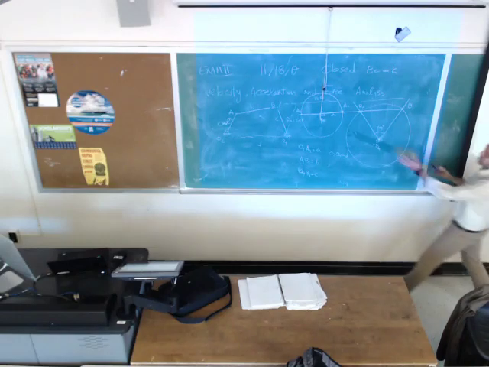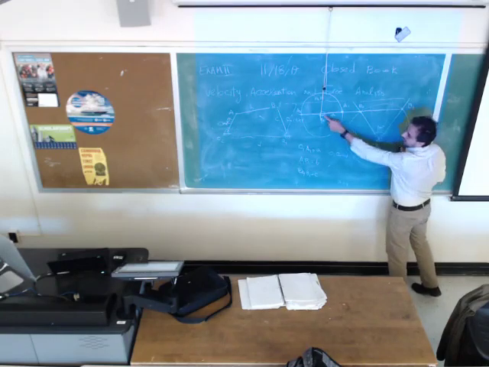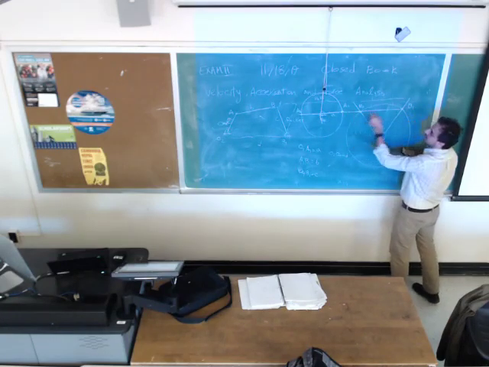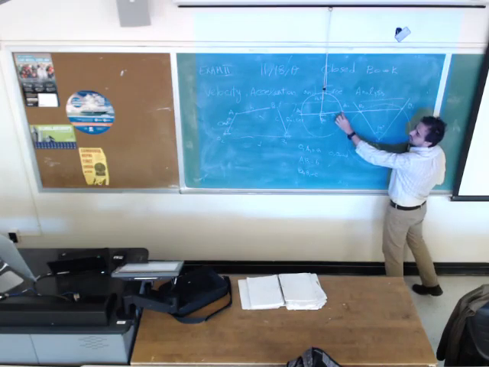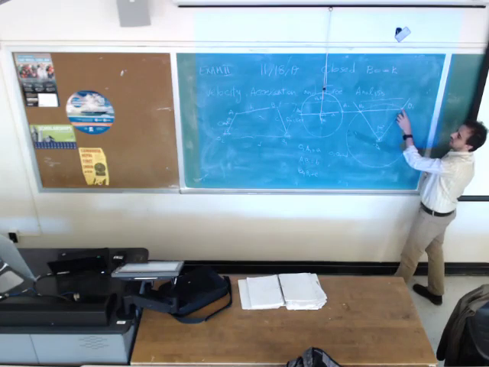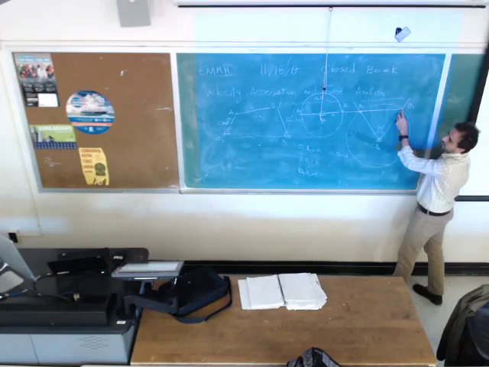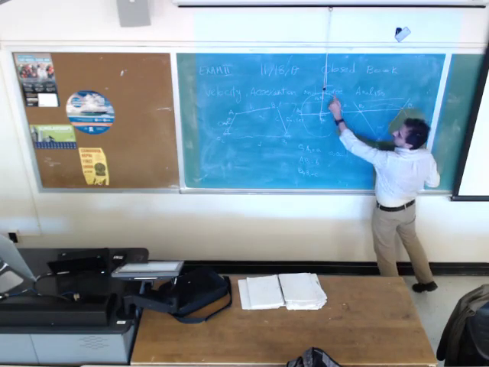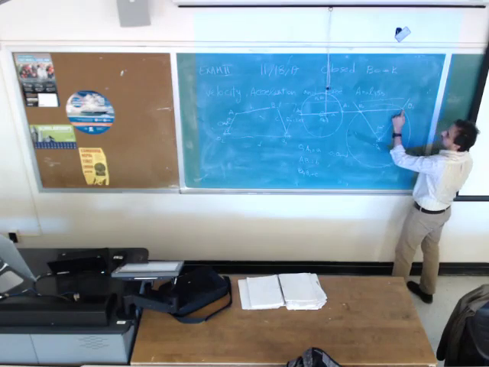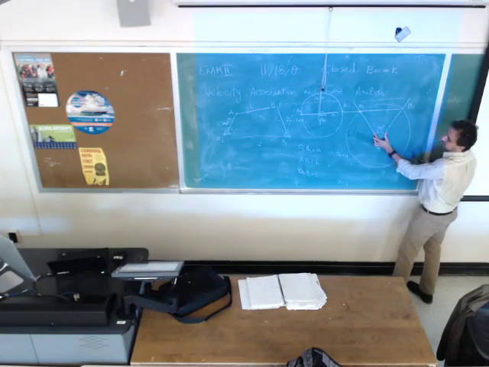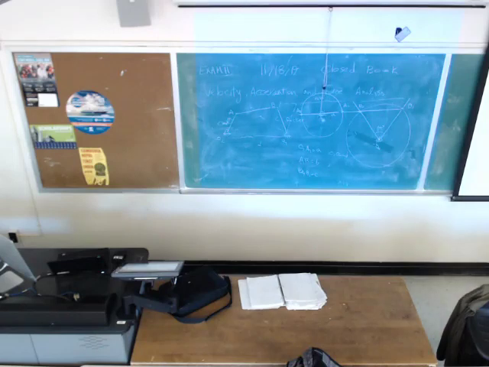So this 4-bar mechanism has this link as the ground, crank, coupler, and rocker. When the crank is at position A1, the rocker is at the position of B1. When it goes all the way to A2, the rocker moves from B1 to B2, which gives us a 45-degree angle.